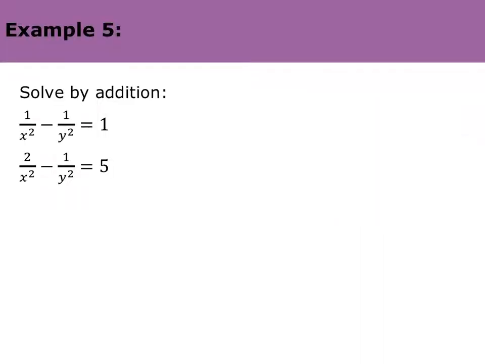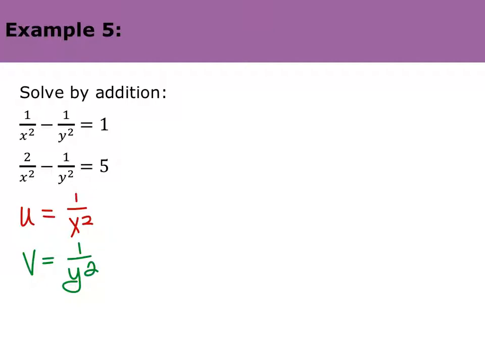The next system we're also going to solve by addition, and we're going to do that with U substitution. So in this case, we're going to let U be 1 over x squared, and we need to let V be 1 over y squared.